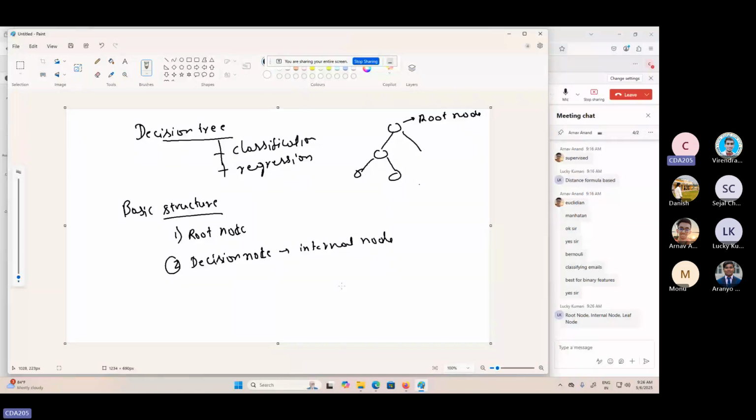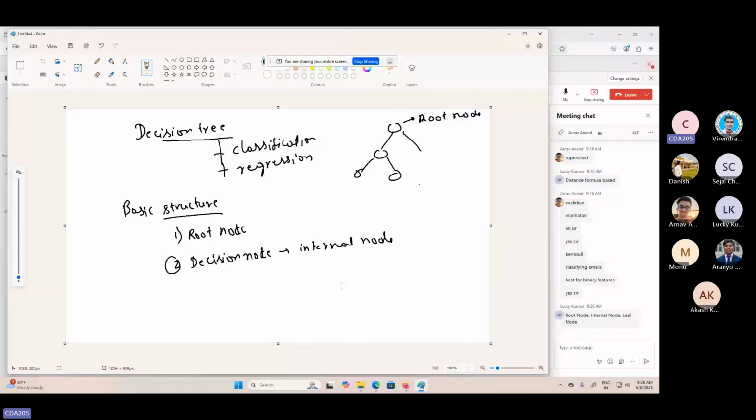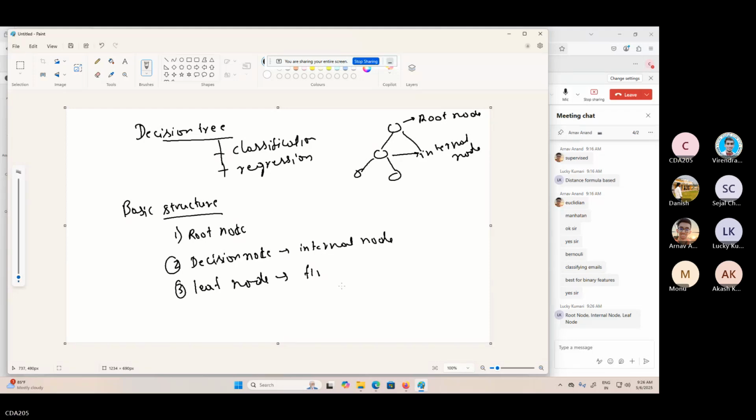That splits on the conditions. They split based on the decision. And the third one is the leaf node. That is the final output, a class or value. These are the leaf nodes.